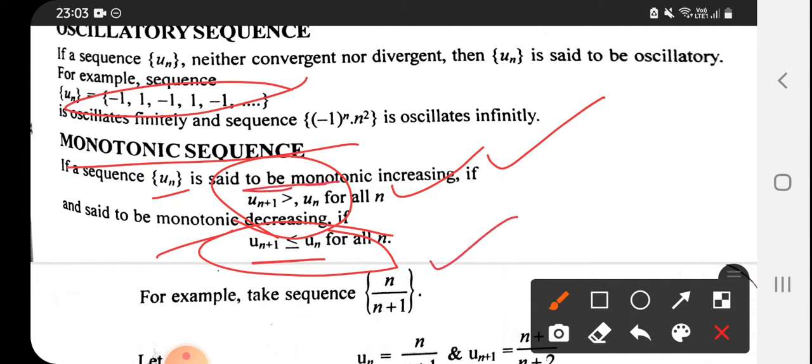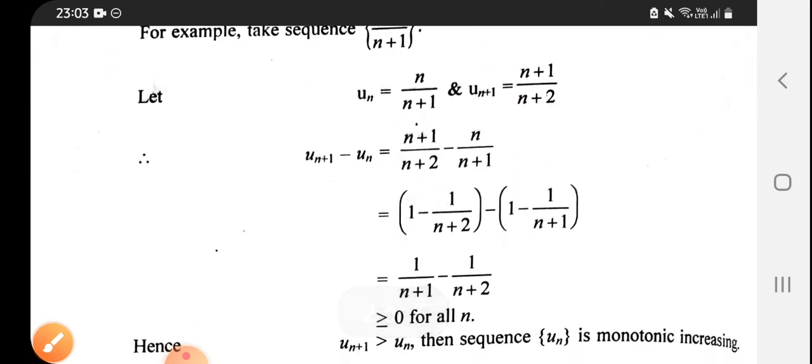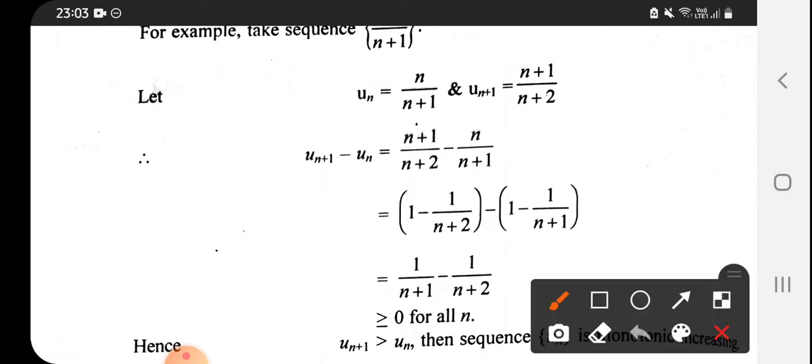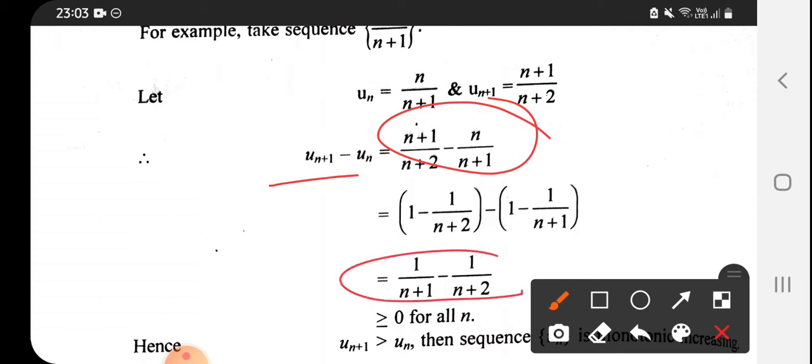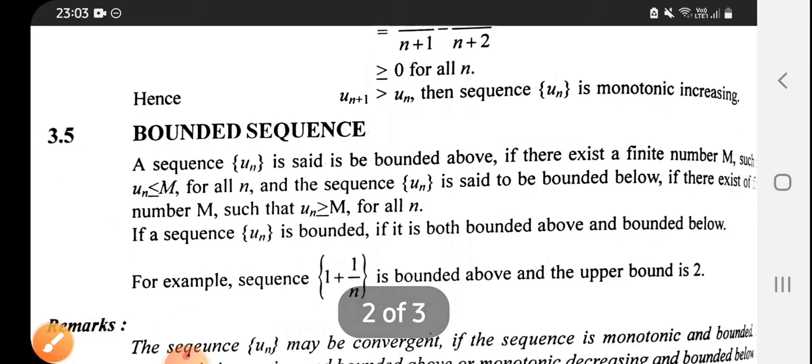For example, n upon n plus 1. If we replace n by n plus 1, we get un plus 1, and we find the difference of un plus 1 and un. We get this expression. After simplifying, we get that this is greater than or equal to 0. That's why this is monotonically increasing.